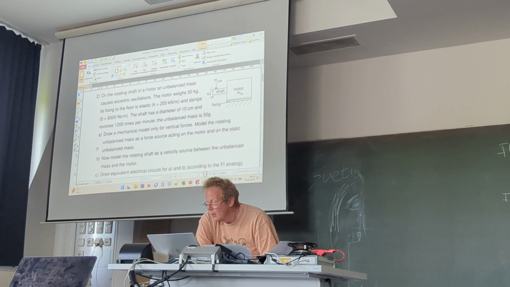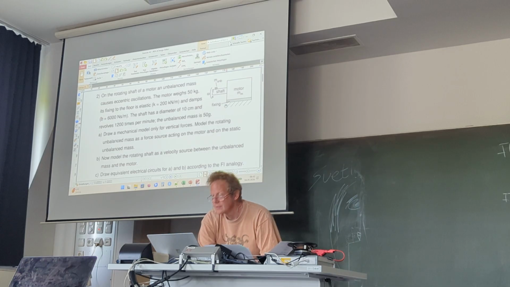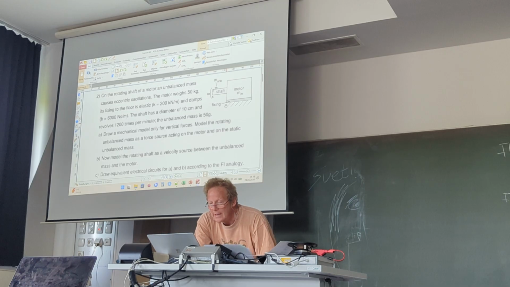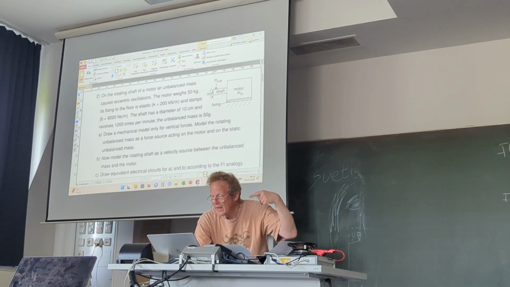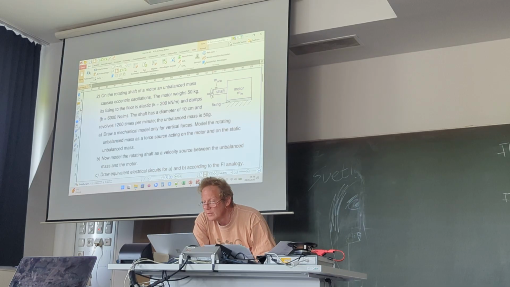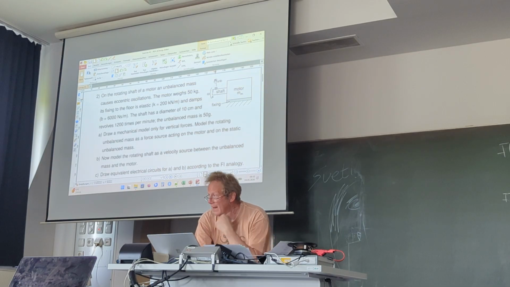Let's say we have a motor block here. It's somehow fixed to the ground, but it's not a solid fixing. It is elastic and it has damping, so there are some constants given. On the motor we have a shaft, the shaft rotates, and on this shaft we find another mass, an unbalanced mass, and well, this will produce trouble.